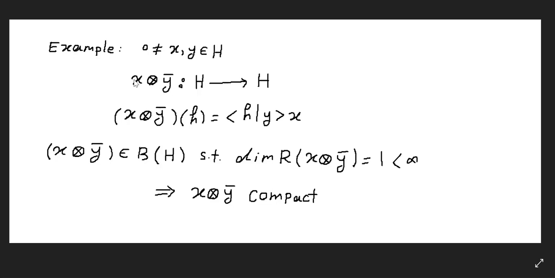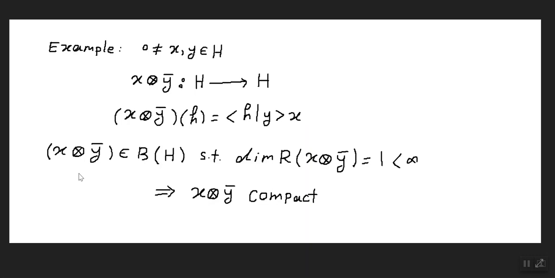We are going to define this to be an operator on H. We define like this: X tensor Y bar as an operator maps every h here to, look at here, the inner product of h and y as a scalar times x. So simply this is defined to be a scalar multiple of x, but that scalar is given by this inner product.